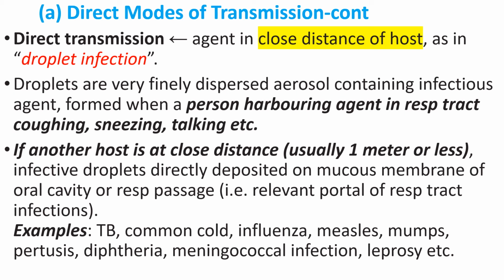If another host is at close distance, usually 1 meter or less, infective droplets are directly deposited on mucous membrane of oral cavity or respiratory passage of the host. Examples: TB, common cold, influenza, measles, mumps, pertussis, diphtheria, meningococcal infection, leprosy, and others.